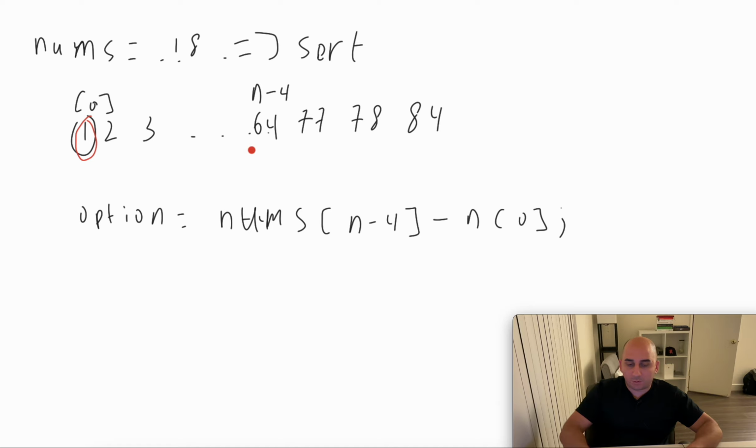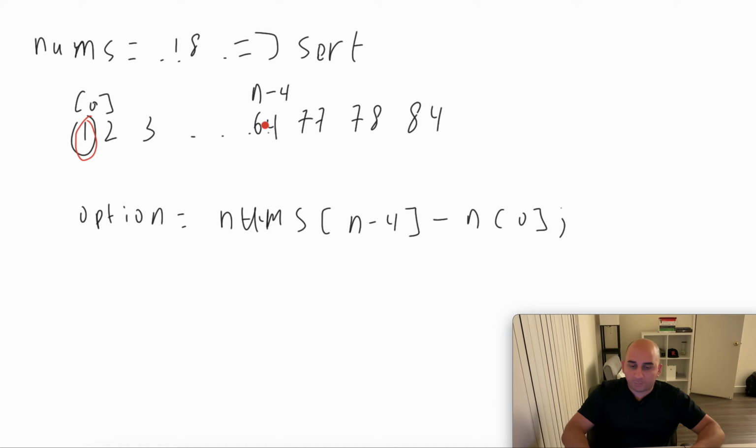What would be the second option? The second option would be that what if, let's say that we have this and this, and this would give us a smaller difference. So we need to consider that option also. Basically we need to take this element and this element, so we are changing this value to 2, and this one we are changing to 77 and 78.